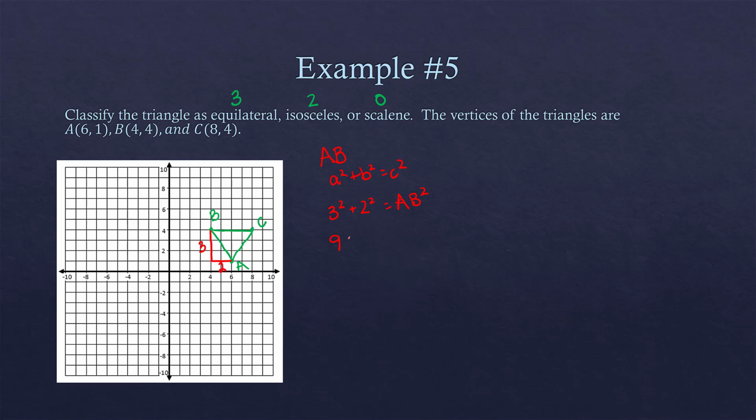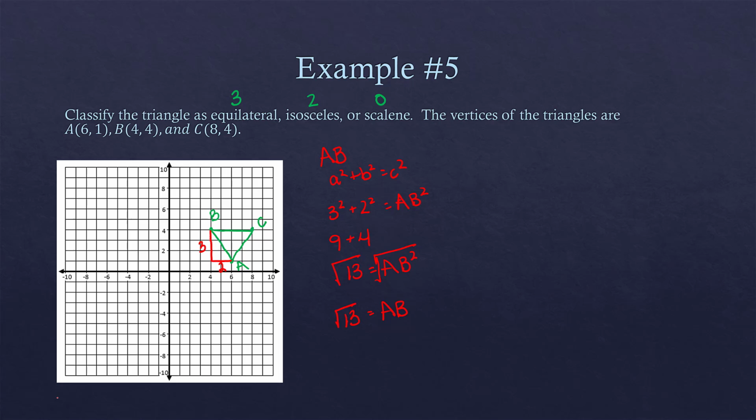Three squared is 9, 2 squared is 4, 13 equals AB squared. And now we'll take the square root because we want to undo that square. So the square root of 13 is the length of AB.